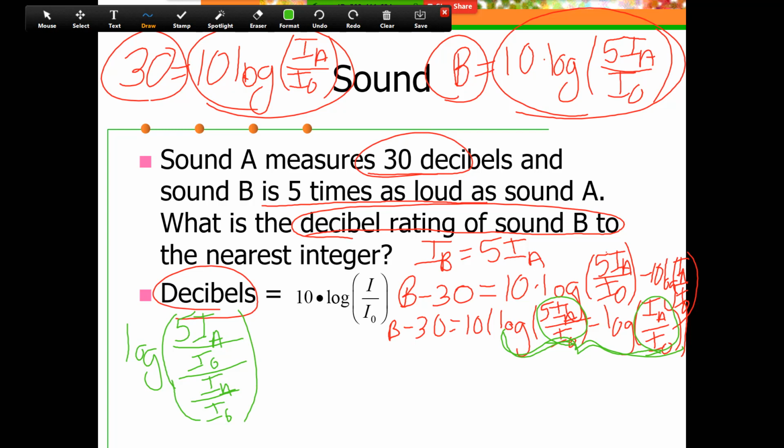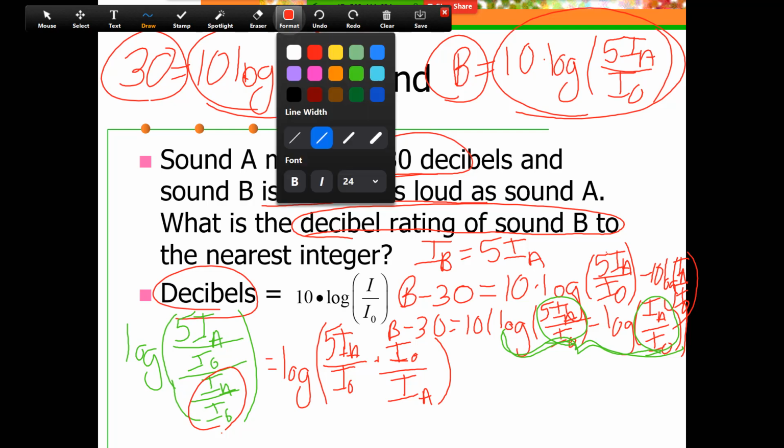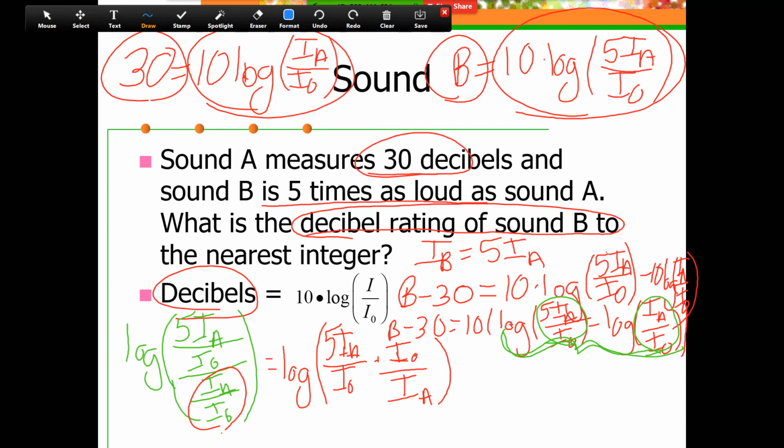Now we're going to take the bottom fraction, and we're going to flip it and multiply. And we're going to get something really nice happen. So this is going to become log of 5 intensity A over your intensity sub 0 times intensity sub 0 over intensity of A. Now, watch, a lot cancels.